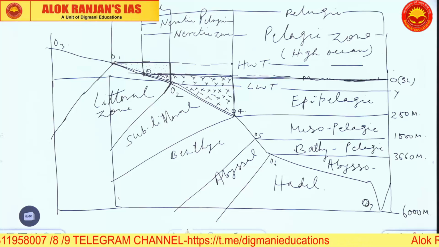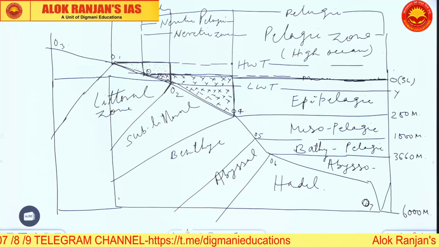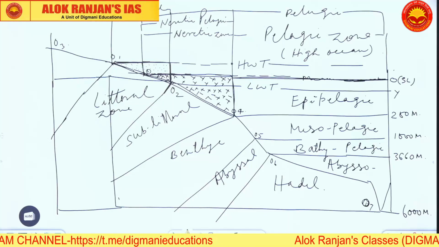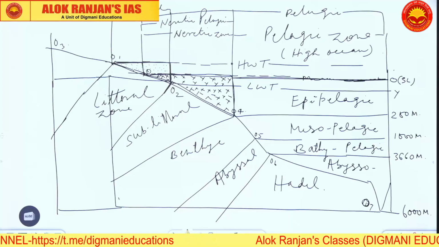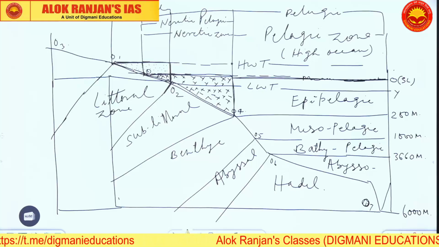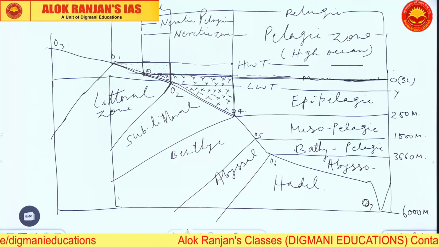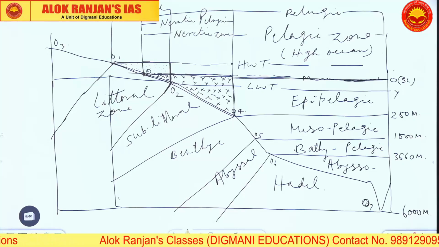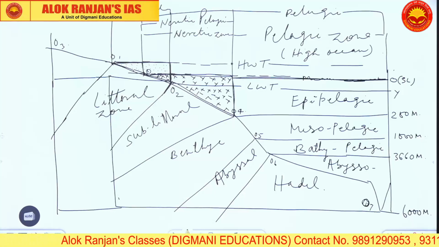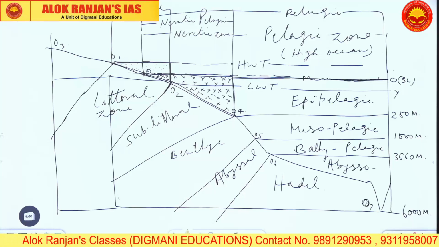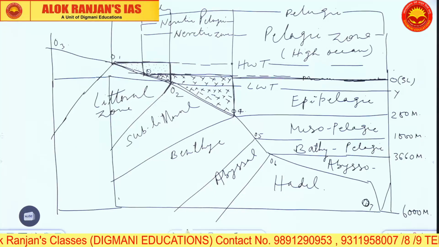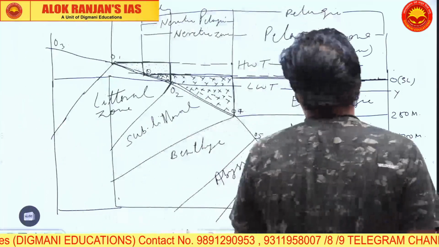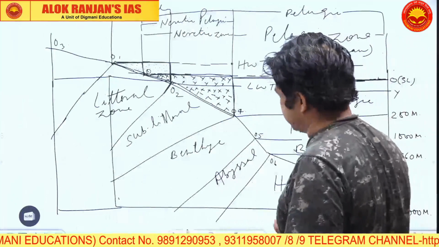Now this oxygenated water is very important for the marine life, the fishes, the other aquatic animals, they thrive on oxygenated water. So neritic zone is marked by oxygenated water as well as the photic zone, the sun rays.